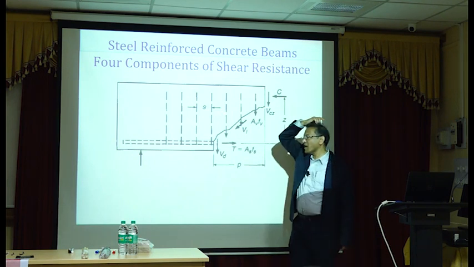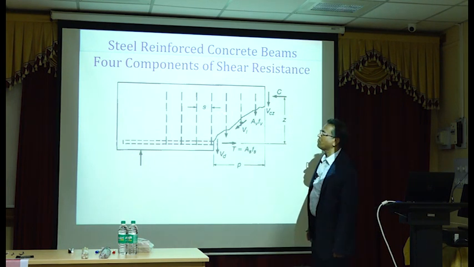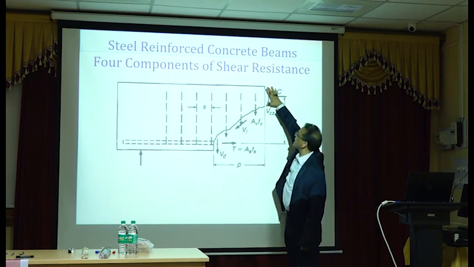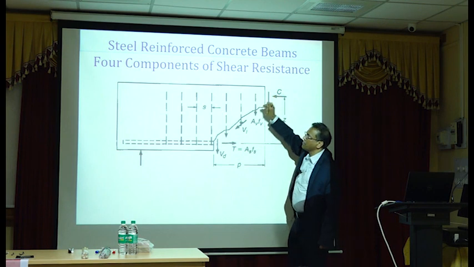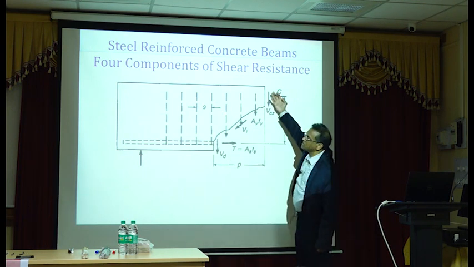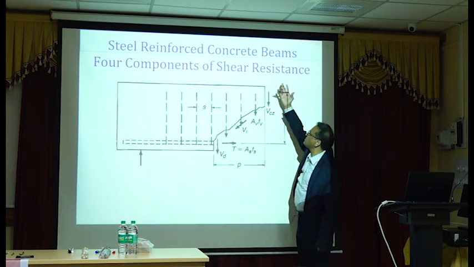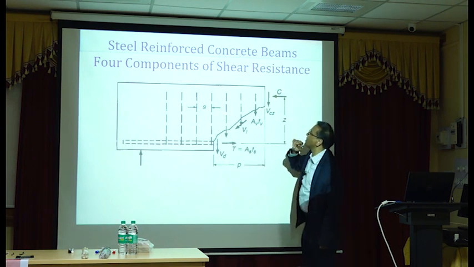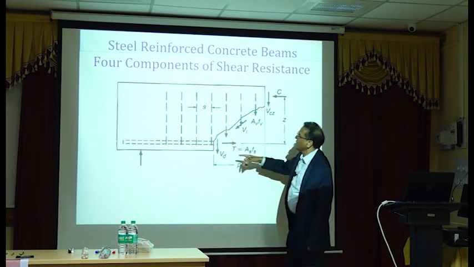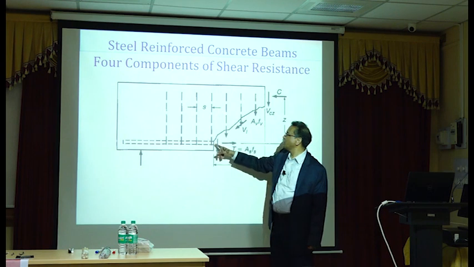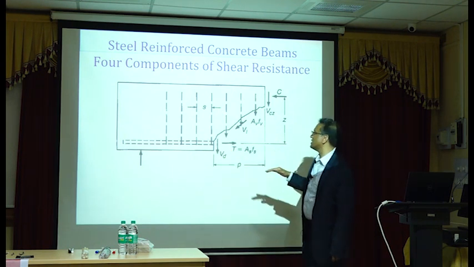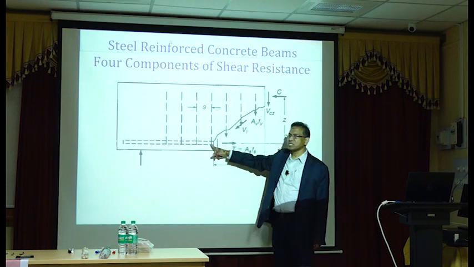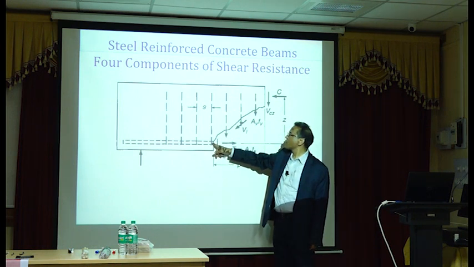In the case of FRP reinforced concrete members, this is likely to be larger or smaller. If it is the same force, then it will be the same depth, right? So there will be much change here. The dowel action, FRP dowel action is not so good. It's very weak. So we lose some strength here.